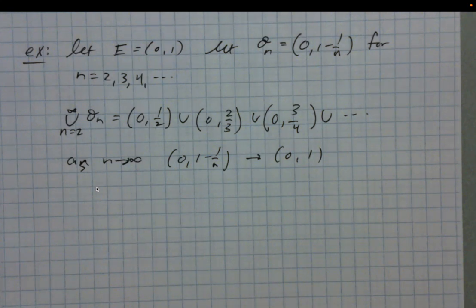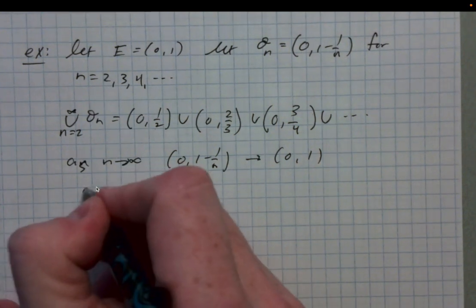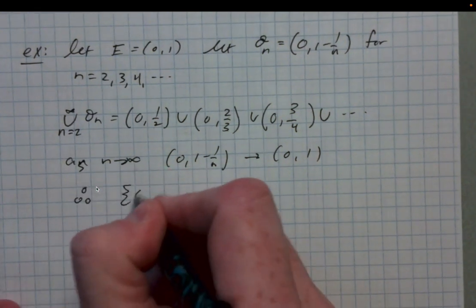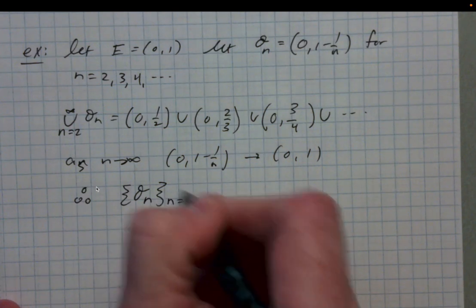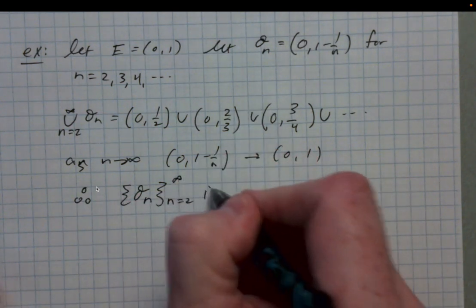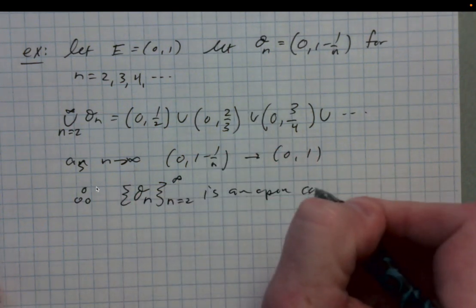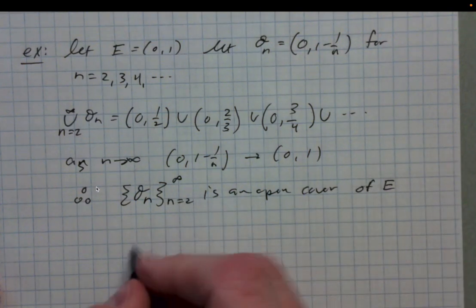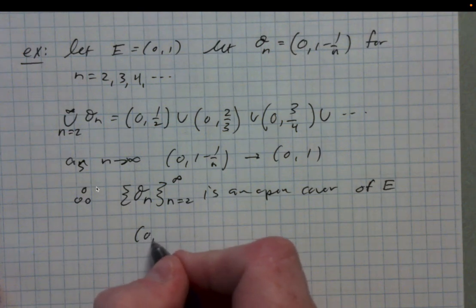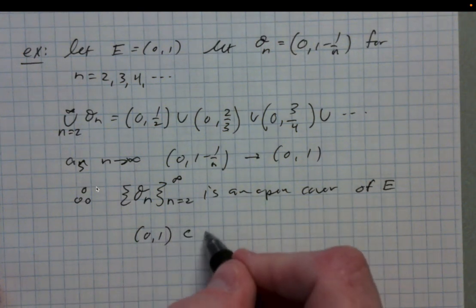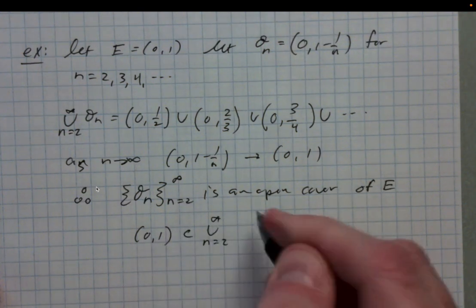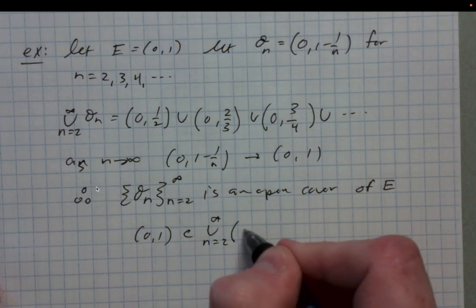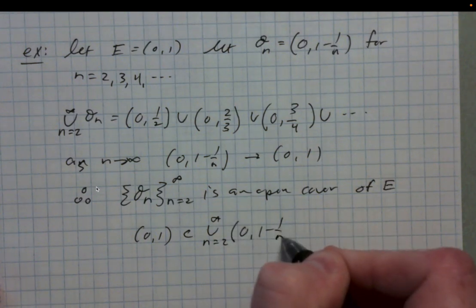And so, that being the case, if indeed this union is a union of an infinite number of open subsets, then we can say therefore that O sub n from n equals 2 to infinity is an open cover of E. Right? And we can specifically say it because 0, 1 is in the union from n equals 2 to infinity of 0, 1 minus 1 over n.